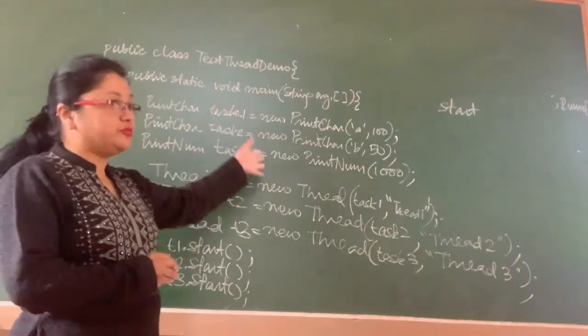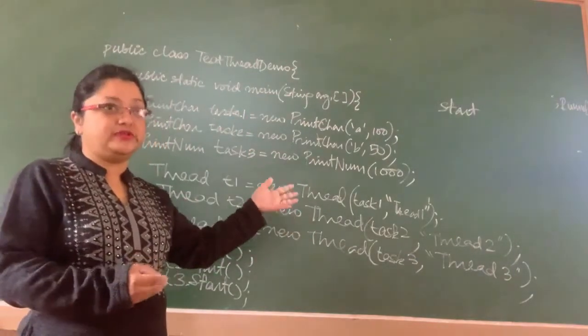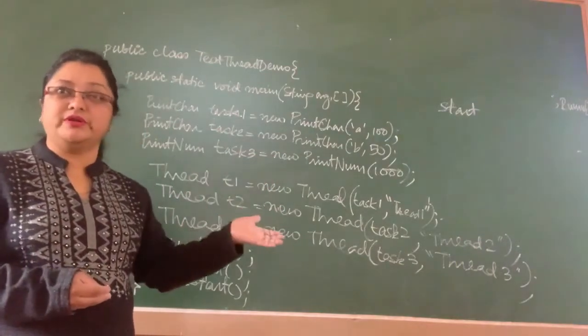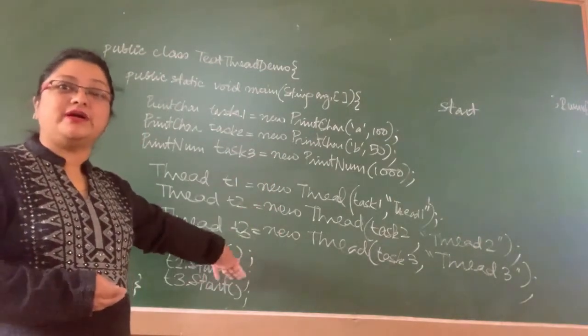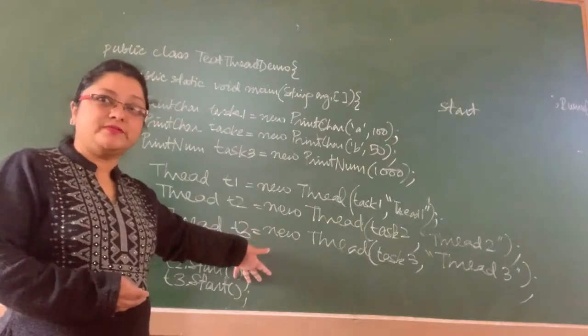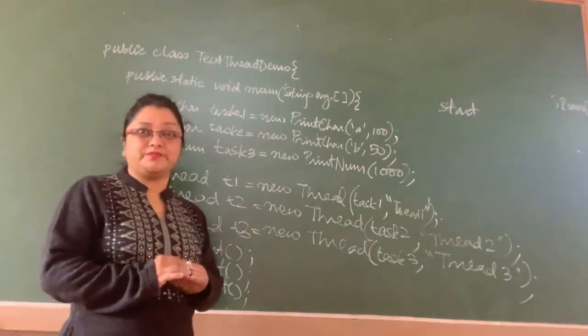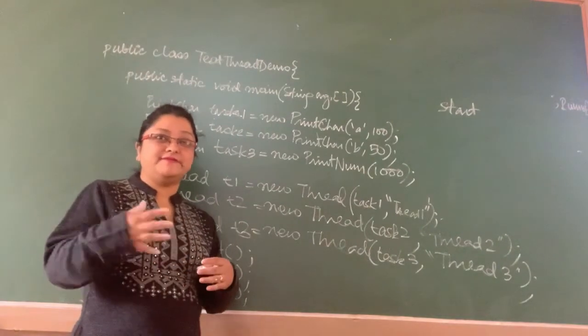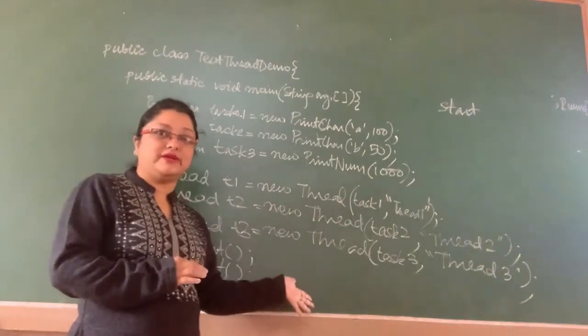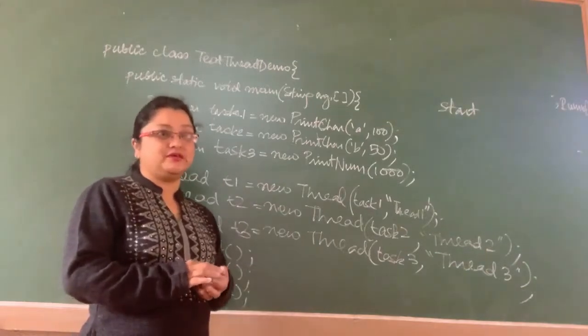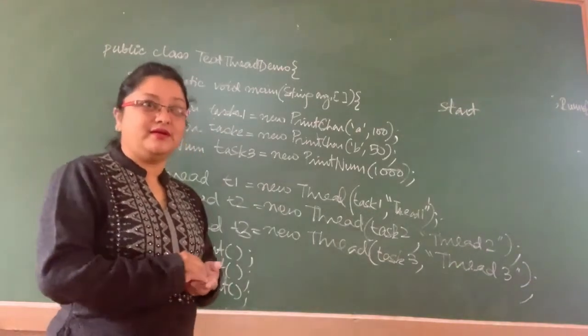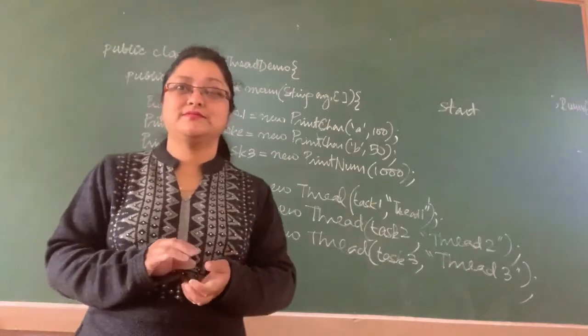I would like you to test out this program, whether in the lab or at home. Write this program and see what happens. Every time you run it, you may get a different output. Run it 5-6 times and you'll see different outputs for each execution. Any questions?